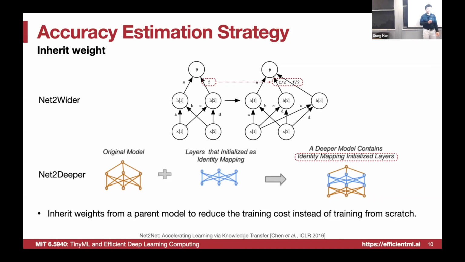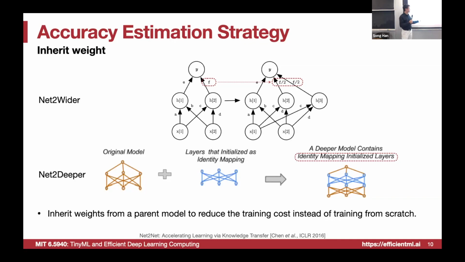And the way we do that is by a mathematical equivalent transformation. You can split the parameter f to be half of f and half of f. So you can copy the duplicated node, have 2 copies of that, and halve the strength of each parameter. So this is Net2WiderNet from this paper.